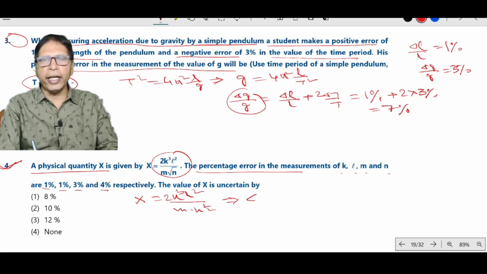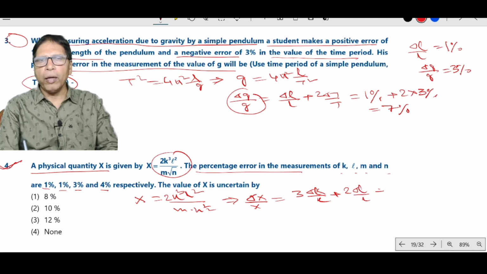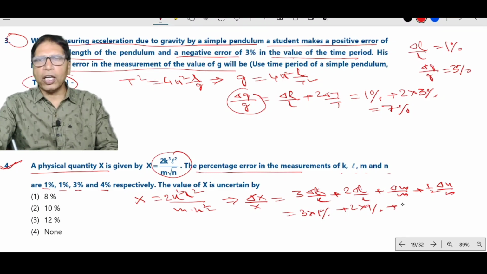So the relative error of x, that is delta x by x, is 3 times the relative error of k plus 2 times the relative error of l plus the relative error of m plus half times the relative error of n. So this is 3 into 1%, no problem, plus 2 into 1%, plus 3%.